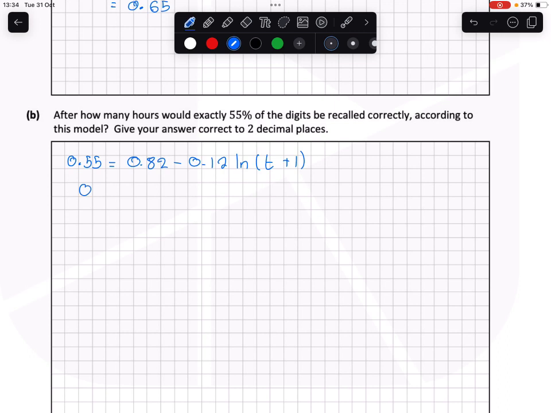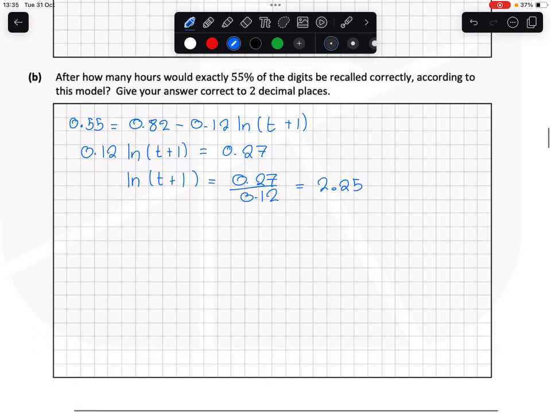So I'm going to get 0.12 times the natural log of t plus 1 is equal to 0.82 minus 0.55, which gives you 0.27. Now I'm going to divide both sides by 0.12. I have the natural log of t plus 1 is equal to 0.27 divided by 0.12. And if we were to calculate that, it would be 2.25.